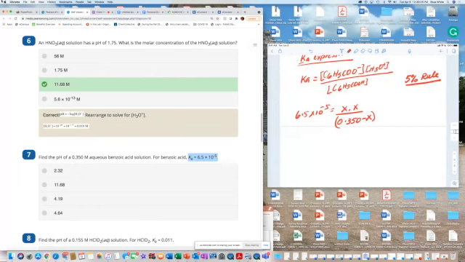Take your Ka, divide by the initial concentration of the acid, and multiply by 100. Do you get less than 5%? So what's my Ka? 6.5 times 10 to the negative 5 divided by 0.350, times 100. Open parentheses.